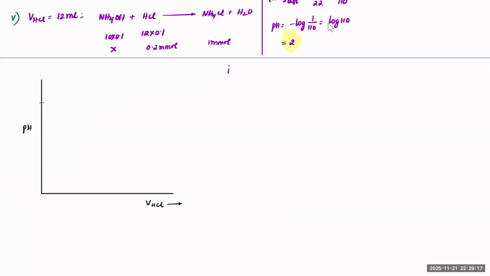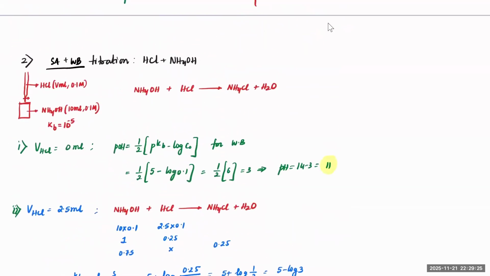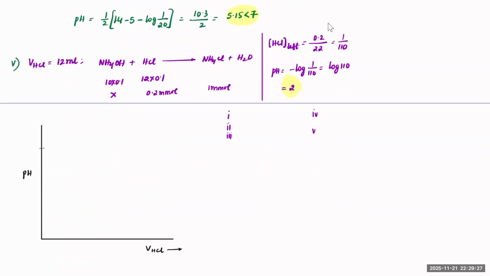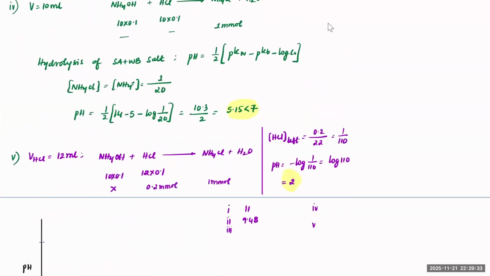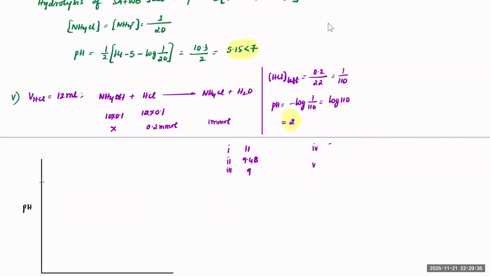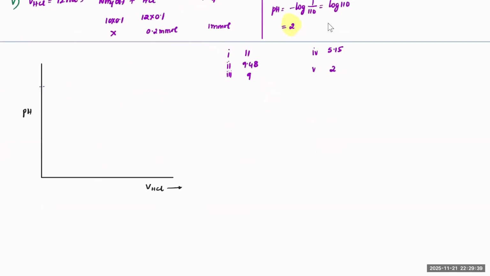First case value, second case, third case, fourth case, and fifth case. So first case value, we got it as 11, 9.48, then 9, then 5.15 and 2. These are the values at different volumes of HCl.